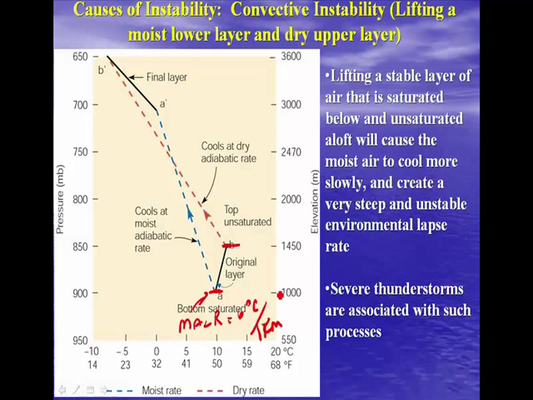So if we take this at 1,000 and move it up to 2,000 meters, we initially start off with a temperature of about 9.5, 10 degrees. And if this bottom layer is saturated, at this point it changes from about 10 to 4.